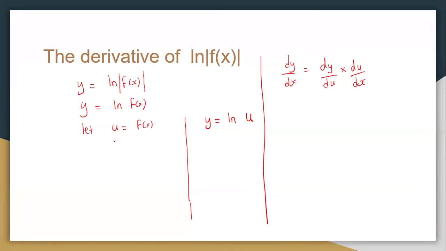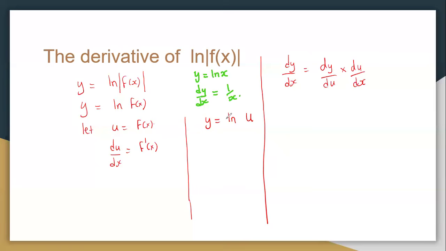So what do I have here? My du/dx is equal to this function differentiated, which I can write as f prime of x. Now I come back here. y is equal to ln of u. From the first step, we said that if y is equal to ln of x, the moment I get my dy/dx, my answer is 1 out of x.